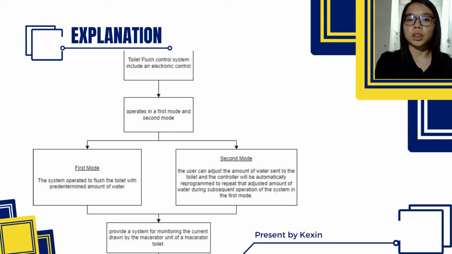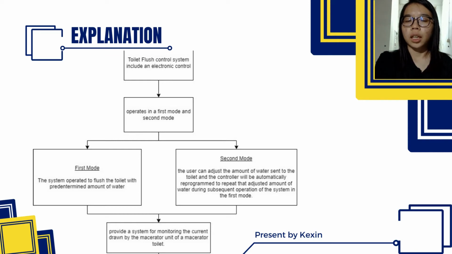In the first mode, the system flushes the toilet with a predetermined amount of water. In the second mode, the user can adjust the amount of water sent to the toilet, and the controller will be automatically reprogrammed to repeat the adjusted amount of water during subsequent operation of the system in the first mode.